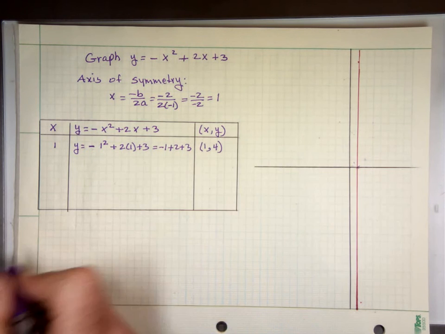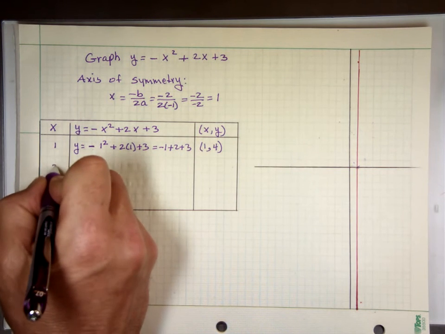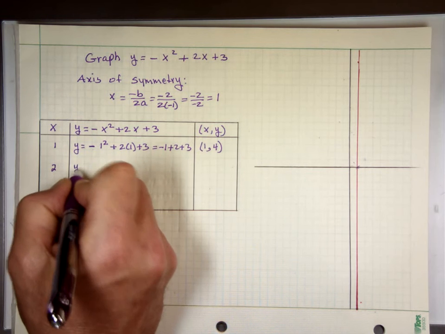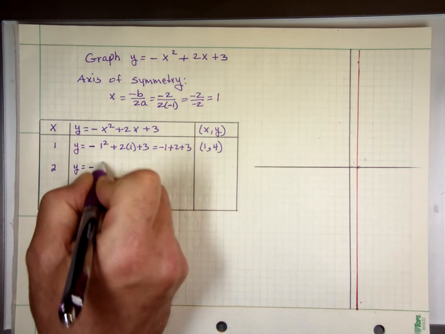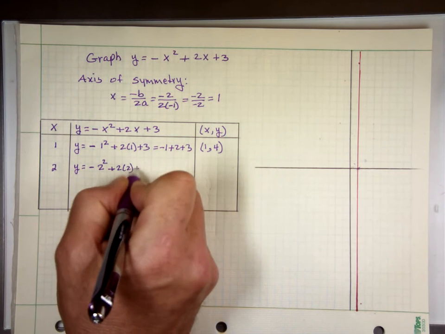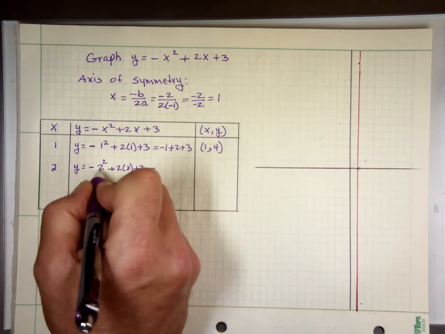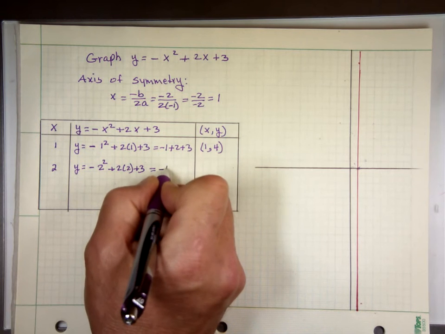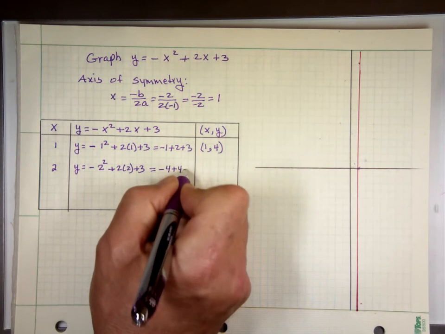When x is 2, it's the minus, 2 squared plus 2 times 2 plus 3. 2 squared is 4 with the minus in the front, negative 4, plus 4 plus 3. That's a 3.